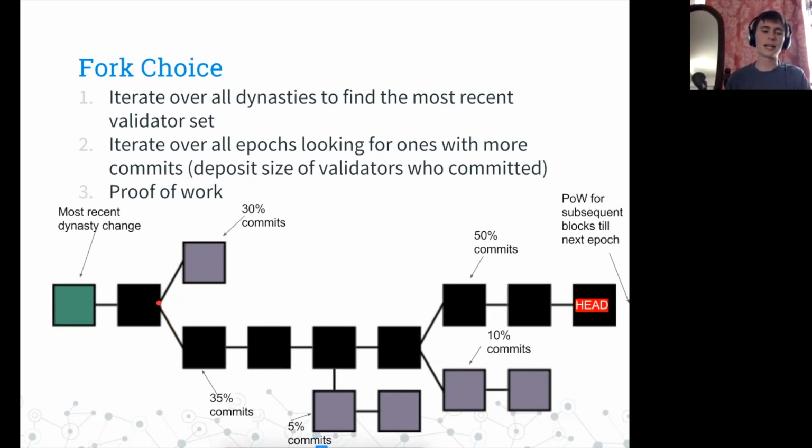So each one of these lines represents 100 blocks of proof of work that are being done. Technically, even the 100th block is a proof of work block, but the proof of stake is what is checkpointing. So these are the checkpoints, right? We're saying this block is finalized, and anything below this block is never going to be reverted, right?